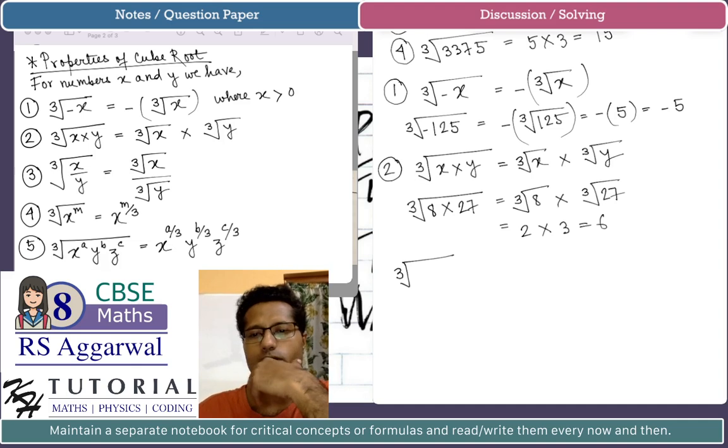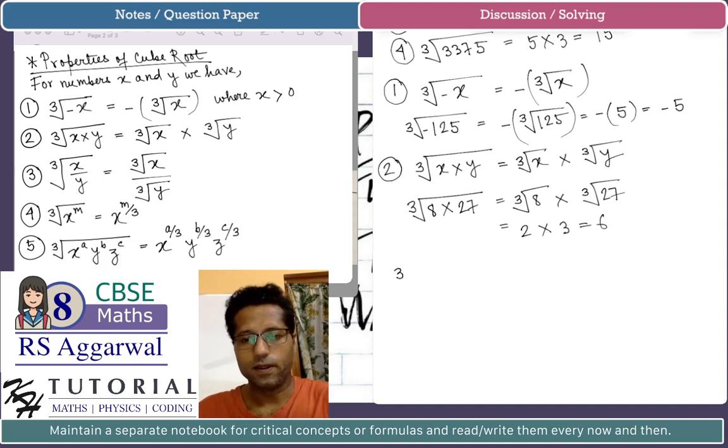Let's say we are given to find the value of cube root of 4 multiplied by cube root of 16.